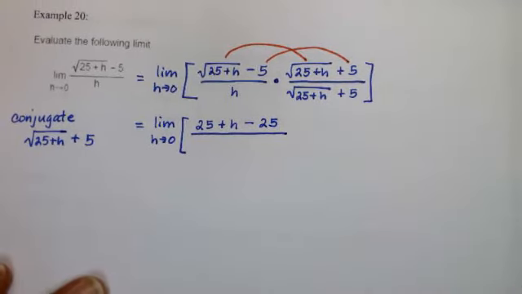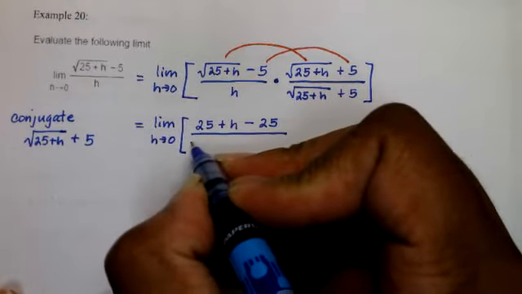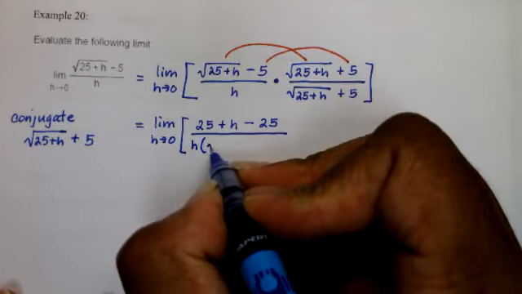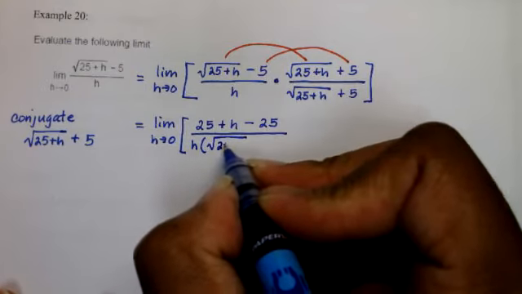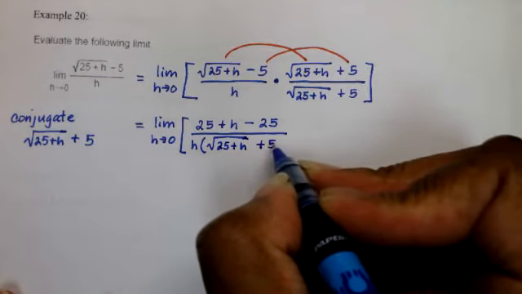So when you're multiplying conjugates, it's always going to be the square of the first term minus the square of the second term. And then the denominator, I'm just going to leave as is. It'll be h times, and in parentheses, the square root of 25 plus h, and then plus 5.